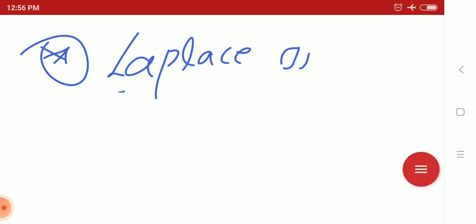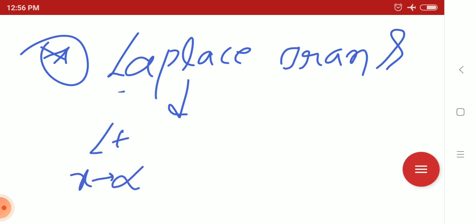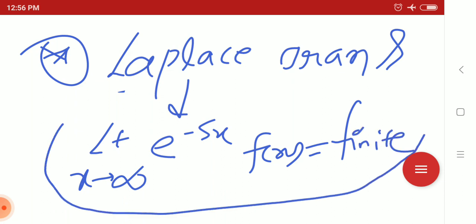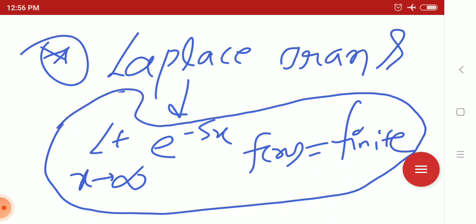The Laplace transformation will exist only if the limit as x tends to infinity of e to the power minus s x f of x equals a finite value. That means if we have a function f of x such that this limit is finite, then the Laplace transformation will exist.